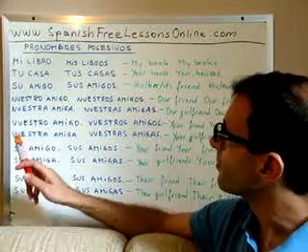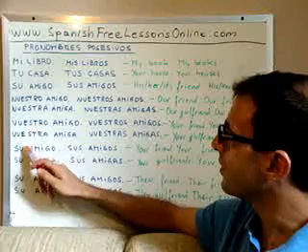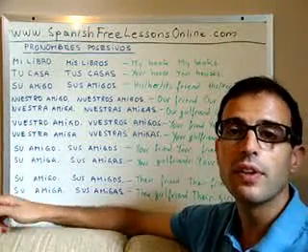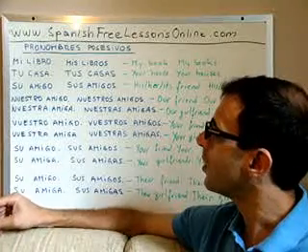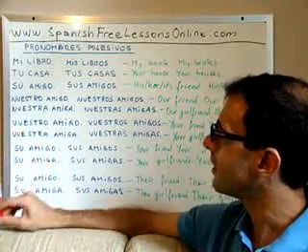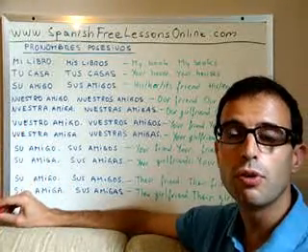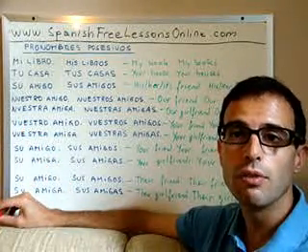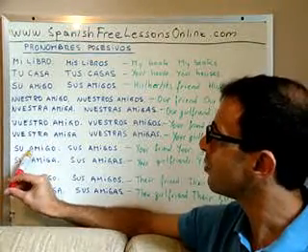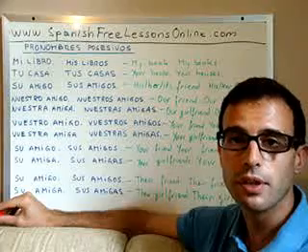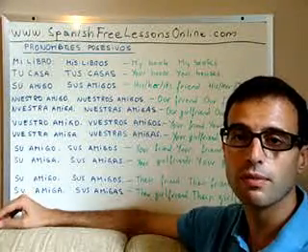Let me say again, this and this is a different way of saying the same thing, right? So this means exactly the same as this, but this would be the form used in Spain, vosotros, for you plural, and this would be the form used in Latin America for the you plural, that would be ustedes.